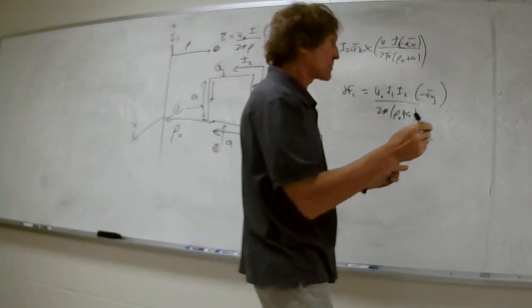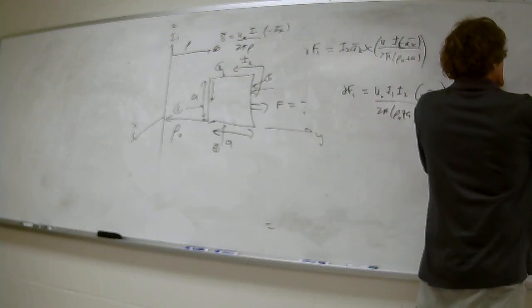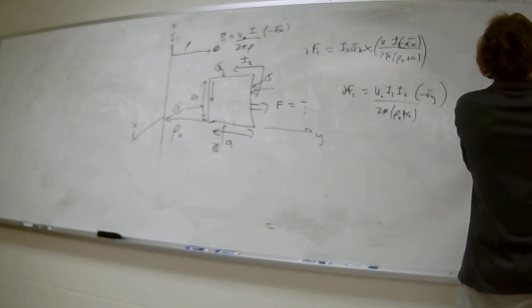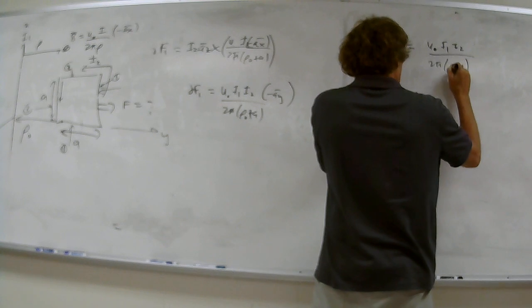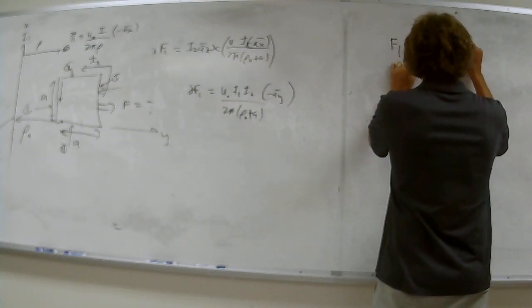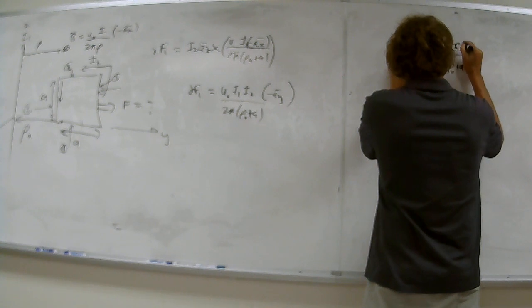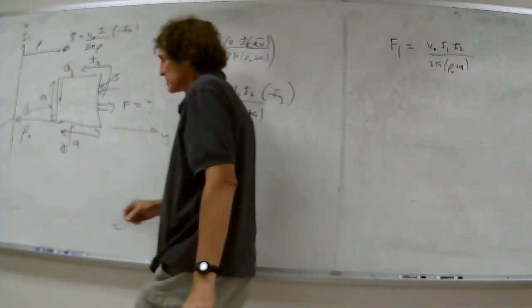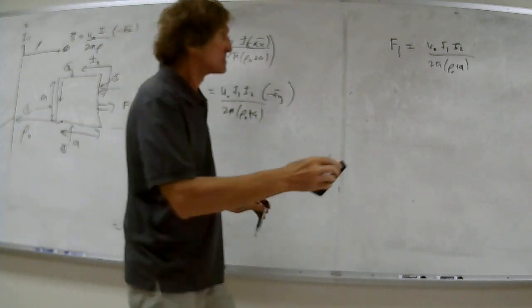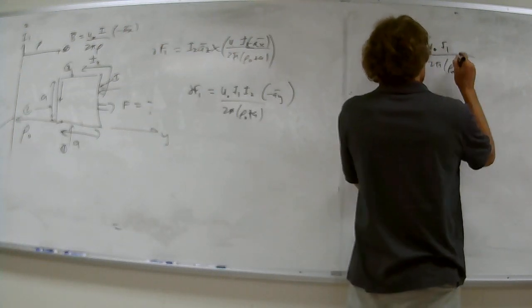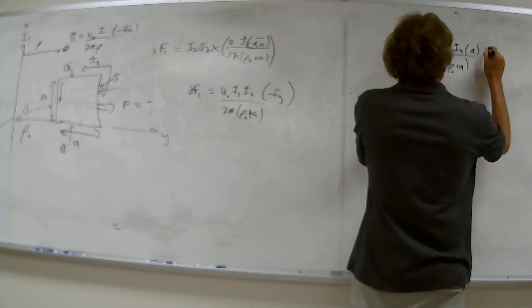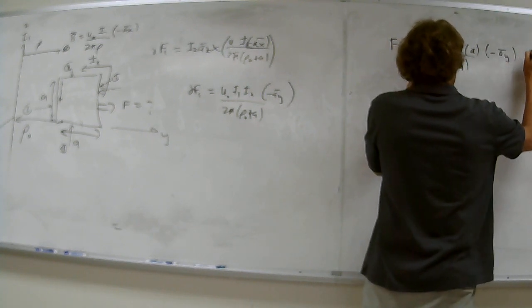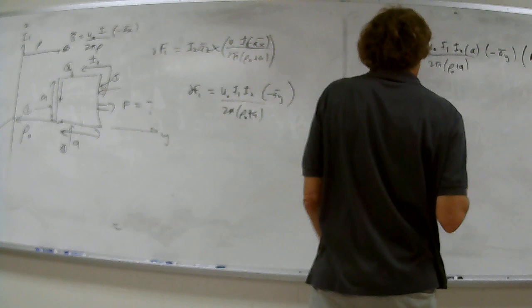So I can say the total force on member 1 is going to be equal to mu 0 I1 I2 over 2 pi, rho not plus A, times the height A, and this will be minus a y direction, and that will be newtons, not newtons per meter.